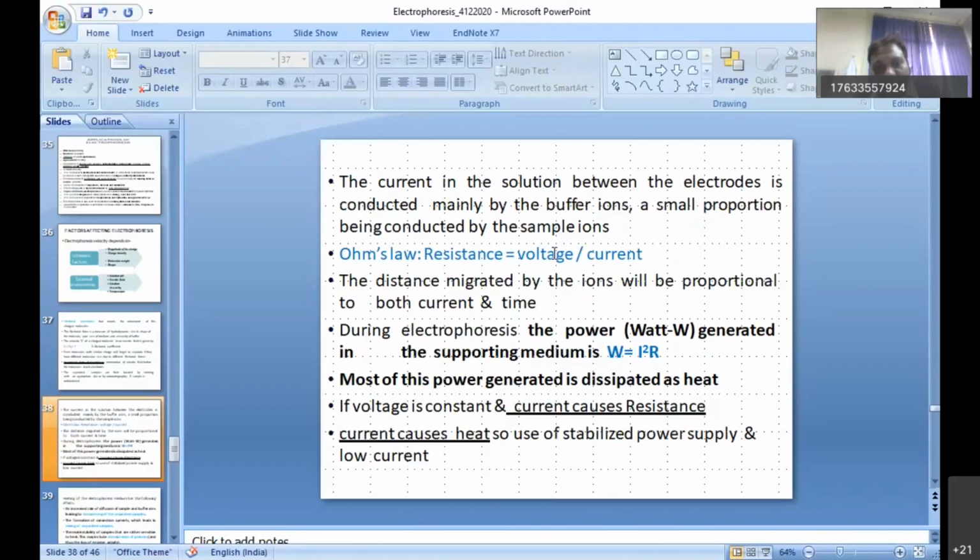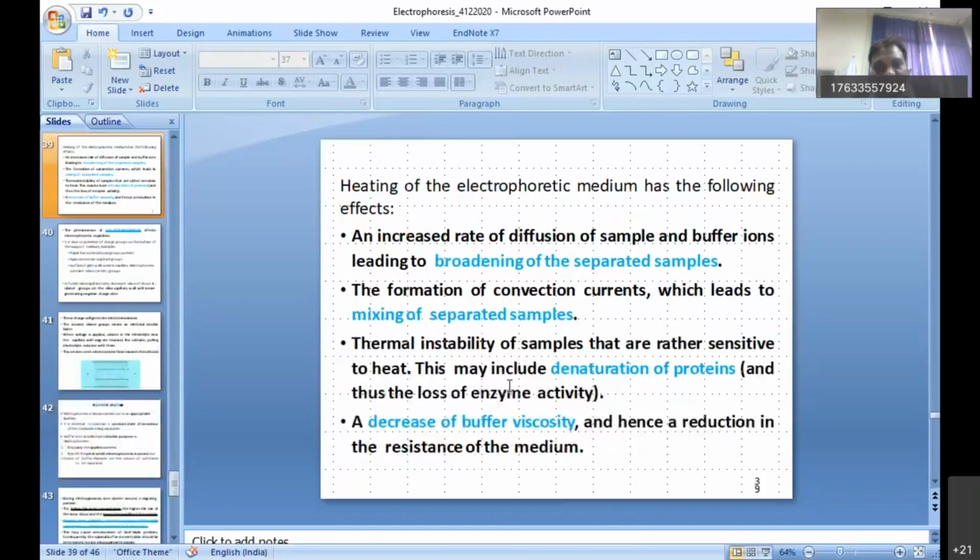If you see this formula, resistance is equivalent to voltage and current, and resistance gives heat. Heat will cause problems when your band is separating. The protein may get denatured, or the band sharpness may get affected. So you have to take care of that.